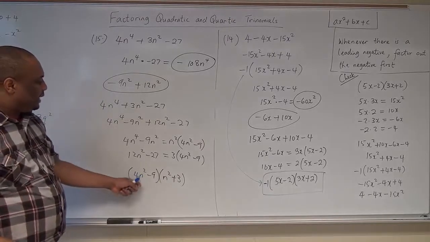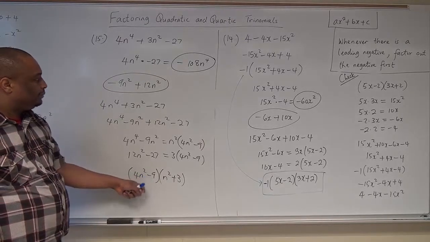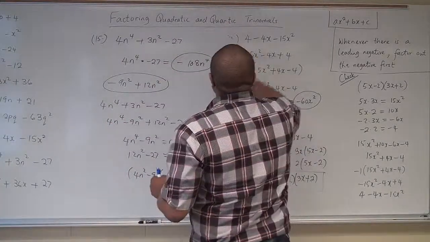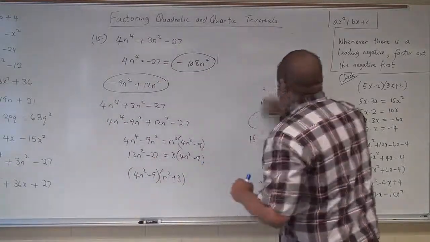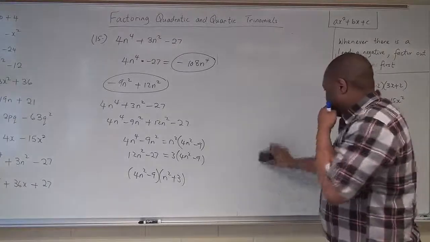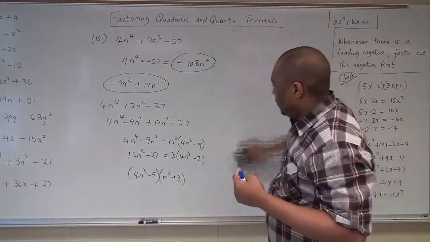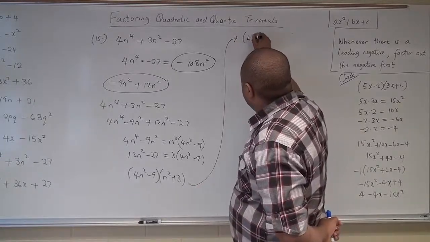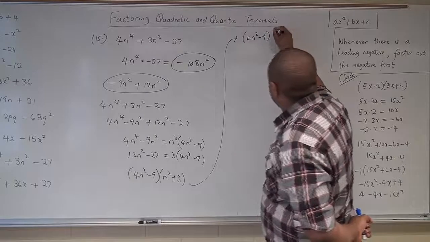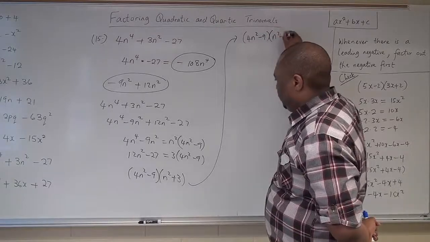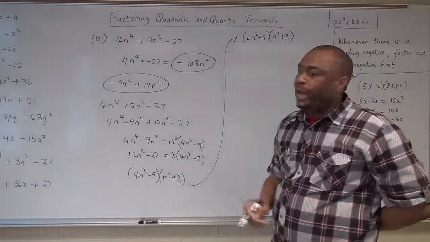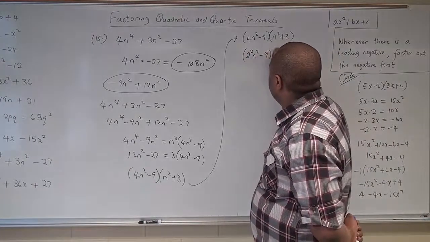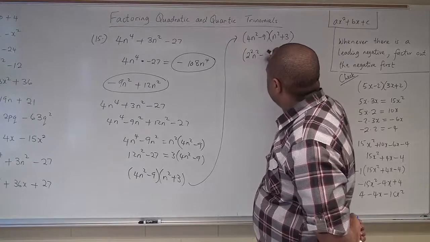Okay, we still got something here. Difference of 2 squares. Let's finish it here. So from here, 4n squared minus 9 and then n squared plus 3. So we have a 2 squared n squared minus 3 squared.